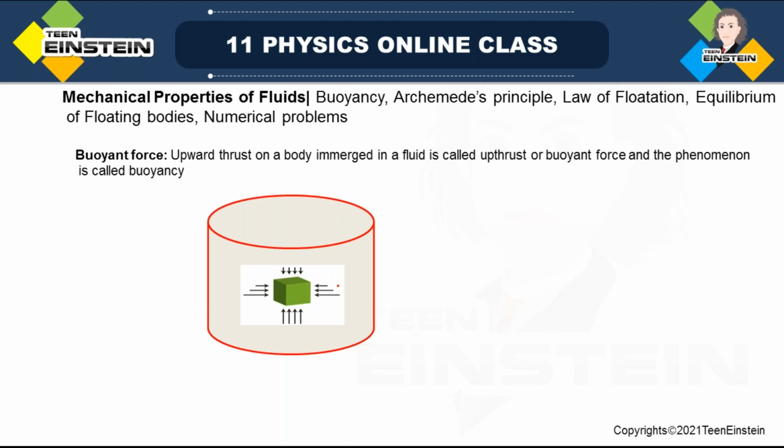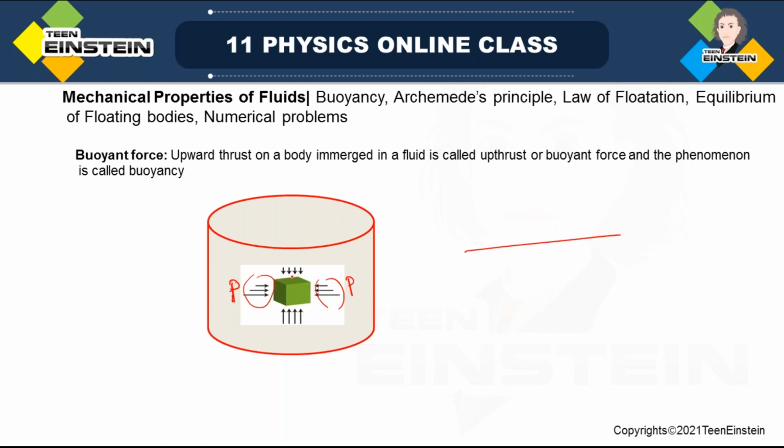But we have already learned that when an object is fully immersed, at the same horizontal level or same depth, the pressure or the thrust is the same. So the pressure from this side and the pressure from this side are equal and opposite to each other. So there will be no net thrust or pressure in the horizontal direction. That we have understood from this figure.